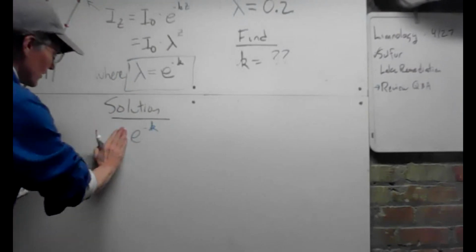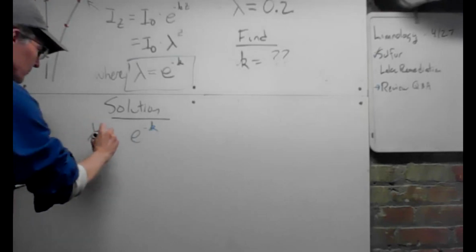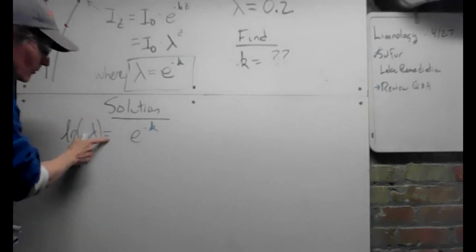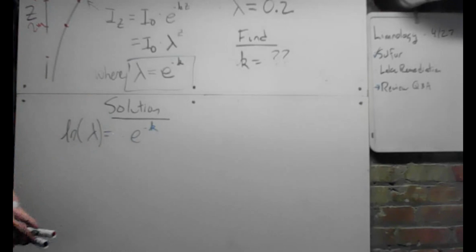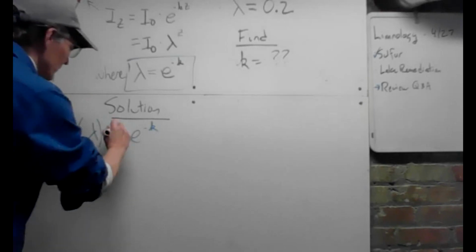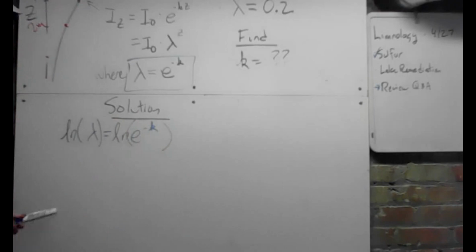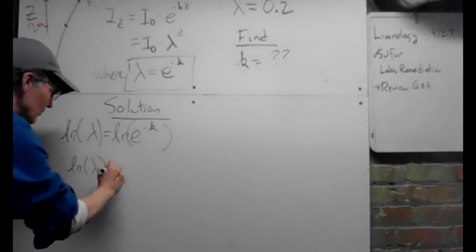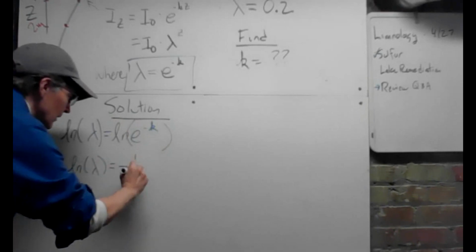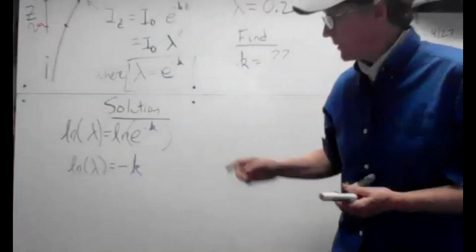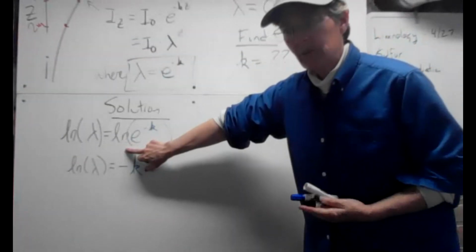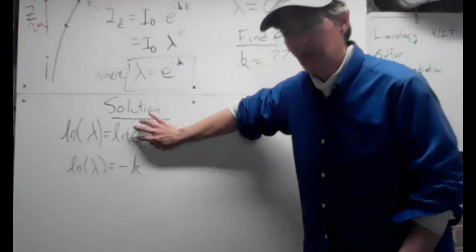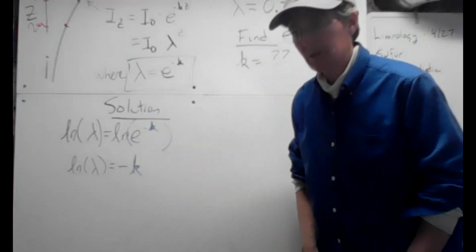So if I take, just give myself a little more room here, the natural logarithm of both sides, I mean, it's an equation, but if you do the same thing to both sides, it's still equal. Now what I've got is the natural logarithm of lambda is equal to negative k, because natural logarithm asks the question, to what power do I raise e to get the thing you've put in the parentheses?